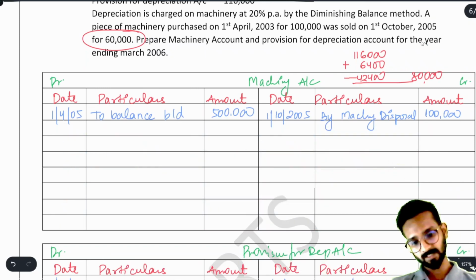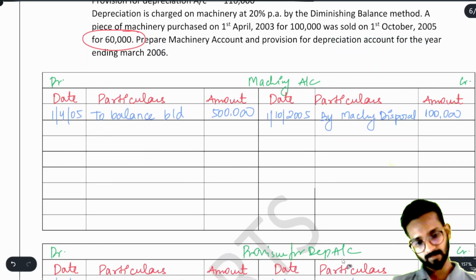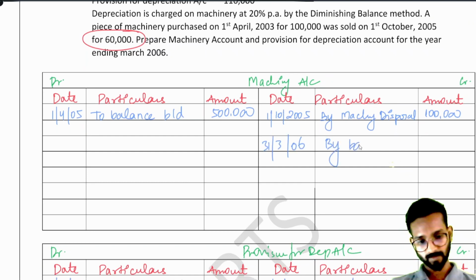The explanation is a little lengthy. You can write here 31st March 2006 by balance carried down, that is 4 lakh, and you can write the total as 5 lakh, 5 lakh.